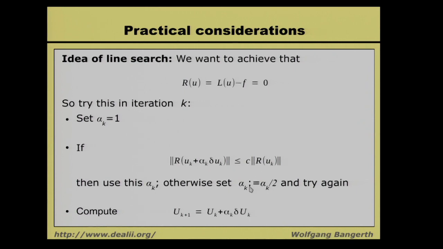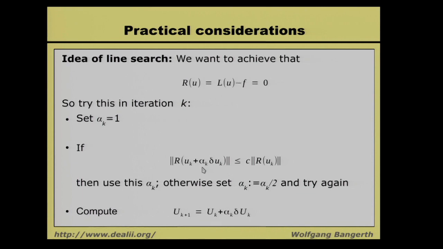And in that case, we reduce alpha k. So we try again with half the alpha k, or 2/3, or something that is smaller than what we just had, and we try again whether the residual is smaller than it was before. And you can show that this almost always converges.